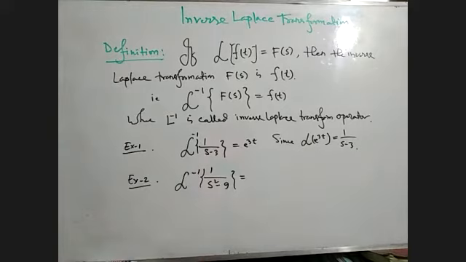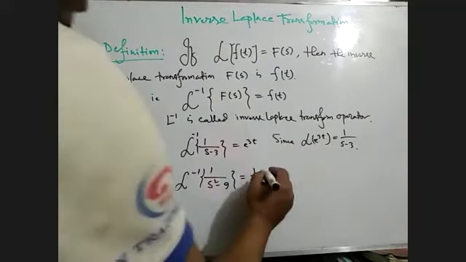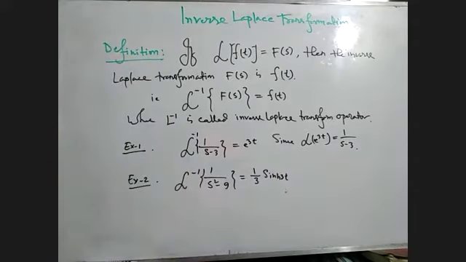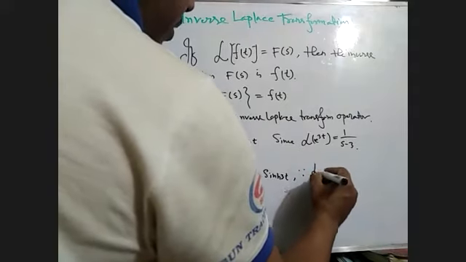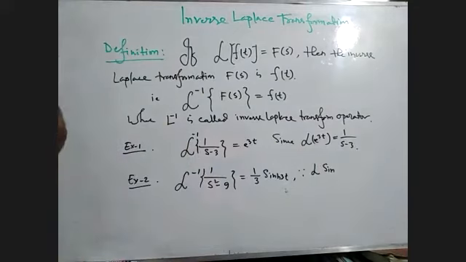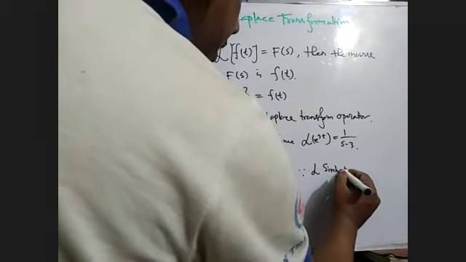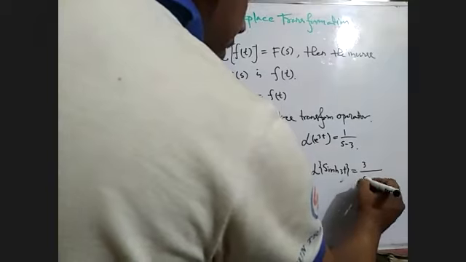This equals 1 by 3 sine hyperbolic 3t, because the Laplace transformation of sine hyperbolic 3t, by the sine hyperbolic formula, equals 3 divided by s square minus 9.